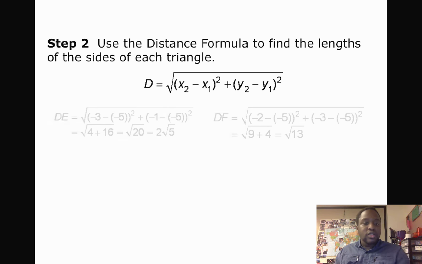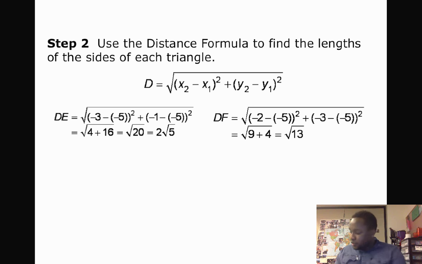So let's start off with DE. So x2 is -3 minus x1, -5. So -3 minus -5 turns out to be -3 plus 5, which ends up being 2, and 2 squared is 4.